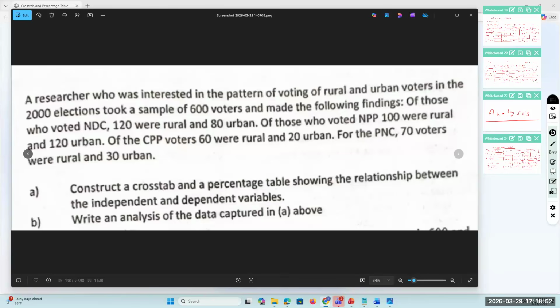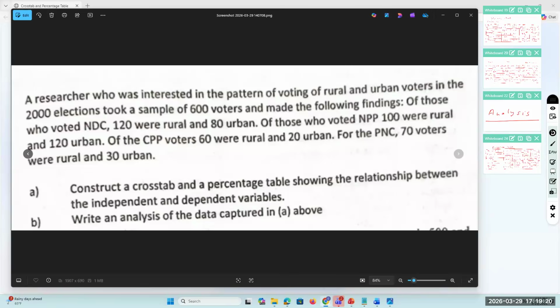Of those who voted NPP, 100 were rural and 120 urban. Of the CPP voters, 60 were rural and 20 urban. For the PNC, 70 voters were rural and 30 urban.